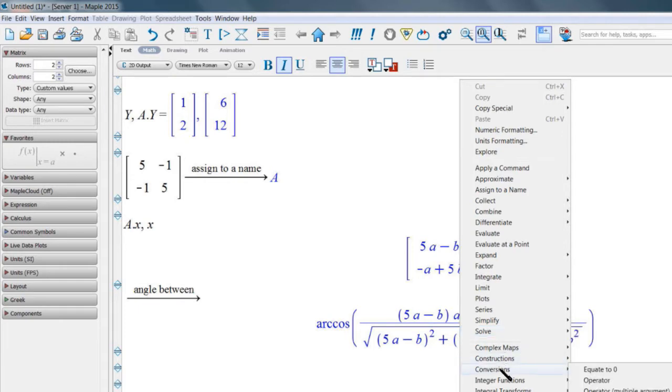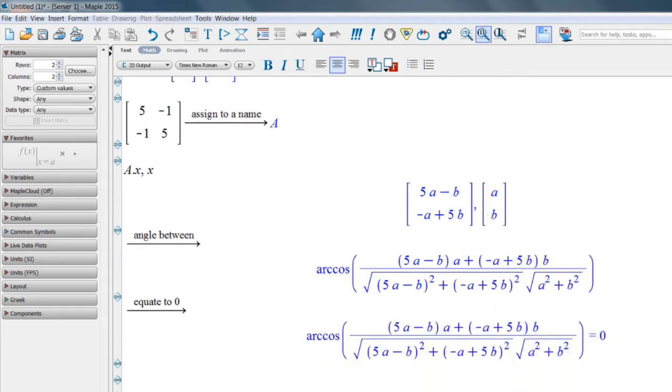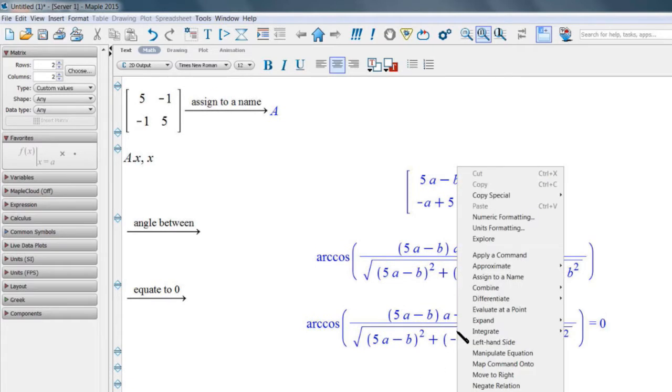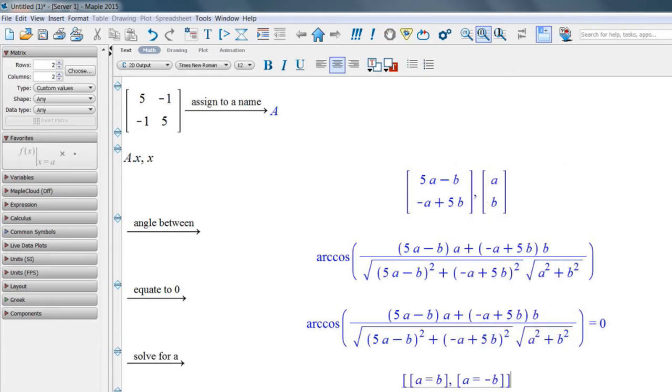If I didn't put the equal 0 and I said solve, Maple would say, oh, you meant to put that equal to 0. So I want to see if there are any solutions to this.